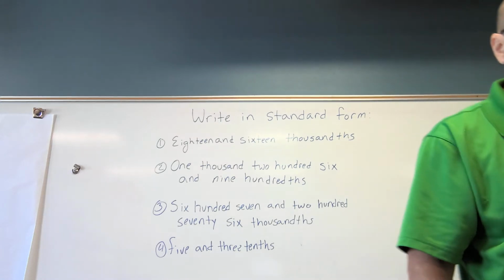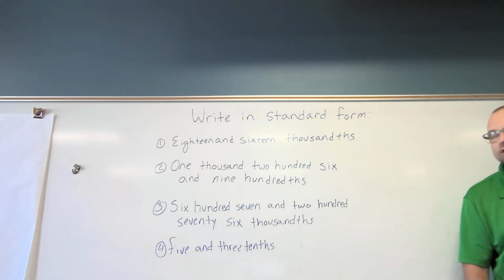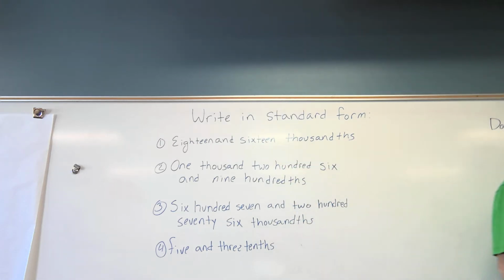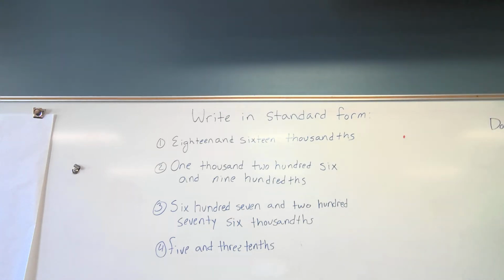Let's see. Riley. Now listen carefully as I ask specific questions. Riley, is this going to have a decimal point in it? Yes. Riley, how many numbers are going to be behind my decimal point? 3. How do you know that?